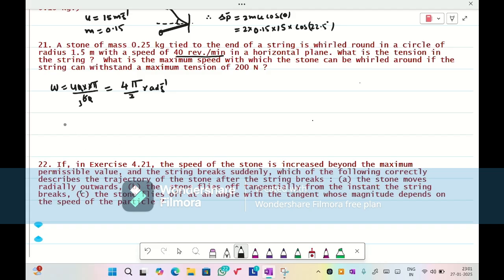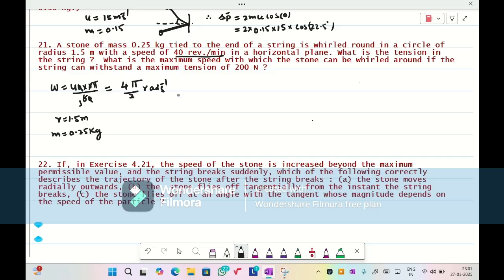Radius is given, 1.5 meter. m is equal to 0.25 kg. Now, what is the tension in the string? What is the maximum speed with which the stone can be whirled around if the string can withstand maximum tension?